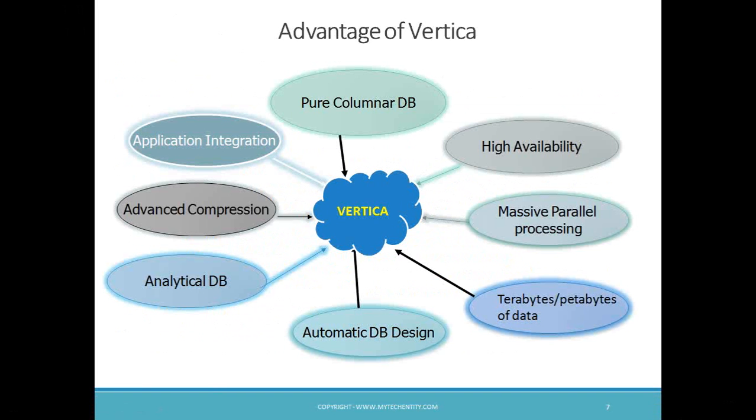Vertica is an analytical DB with advanced compression. That makes sense because it's a columnar database, so compression is pretty good here, and it will help you save a lot of space. And application integration: it can be connected from any ETL, data visualization, or reporting tools.